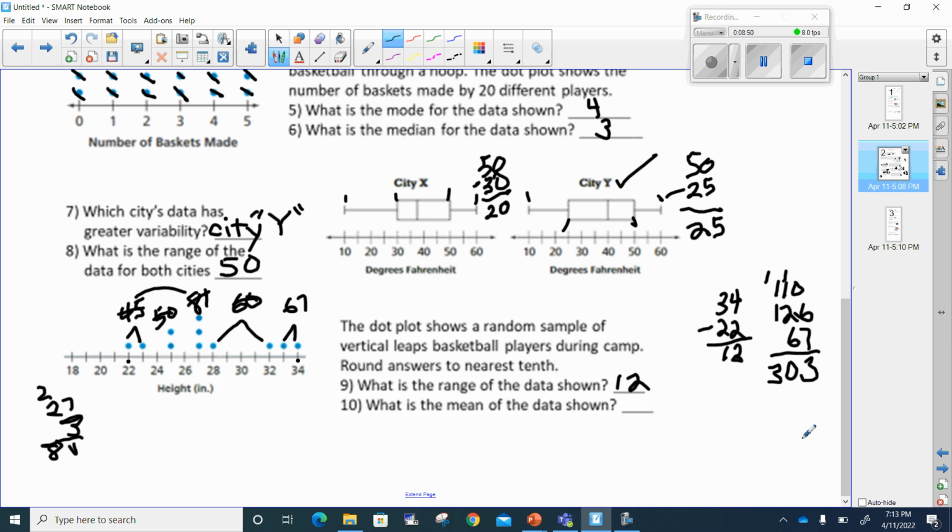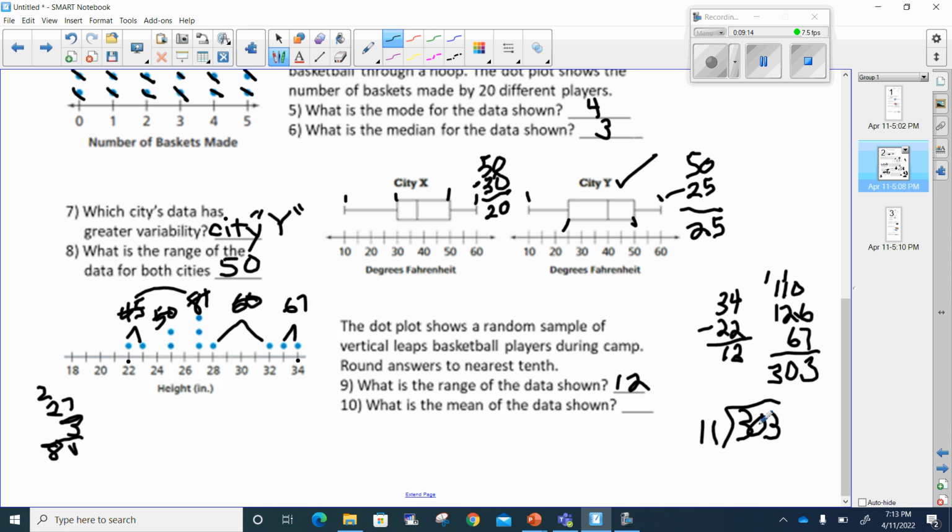Now, the mean is the average. So we're going to have to take 303 and divide it by the number of things we added together. We got 1, 2, 3, 4, 5, 6, 7, 8, 9, 10, 11. So this is going to be divided by 11.